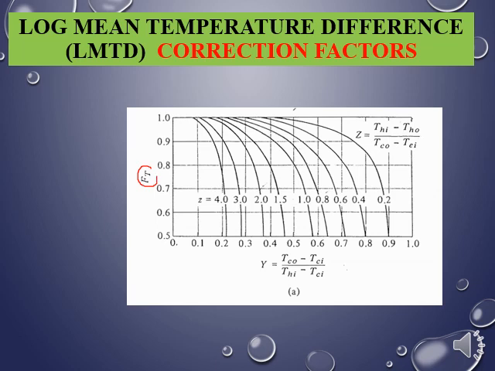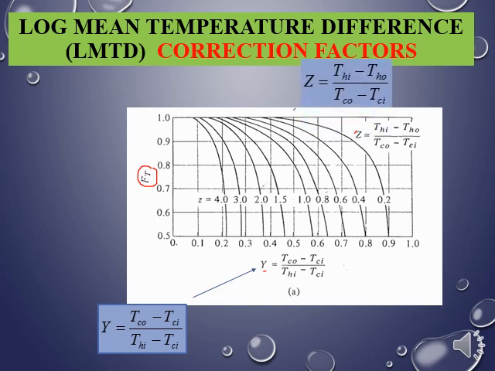We want to calculate the Ft value, and of course you need to know what Z and Y are first. As I mentioned, Y and Z can be calculated from the formula here.